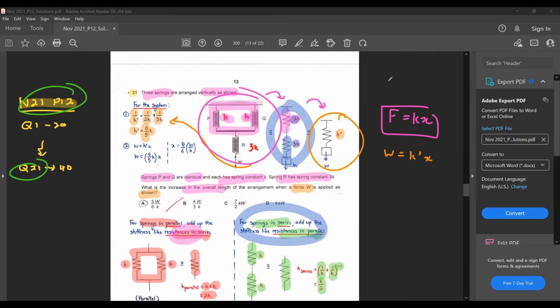If we substitute in the value of K prime, it's 6 over 5K times X. Then X will be 5 over 6 W over K.